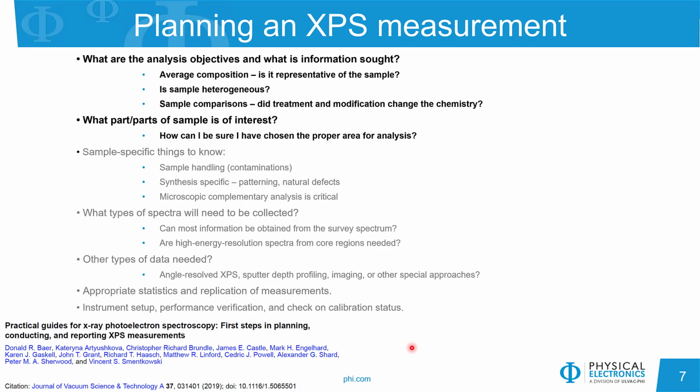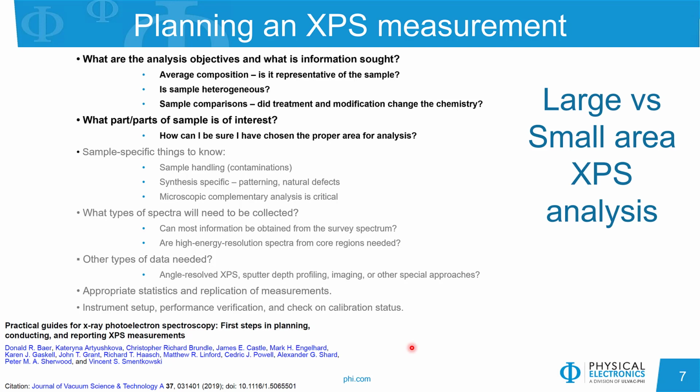The second question that we always need to ask is what part of the sample we would like to analyze. What is the part of the sample that is of interest? And what comes with that, the most challenging question, is how can we ensure that we have chosen the proper area for analysis and that the signal produced is actually coming from the area of interest?